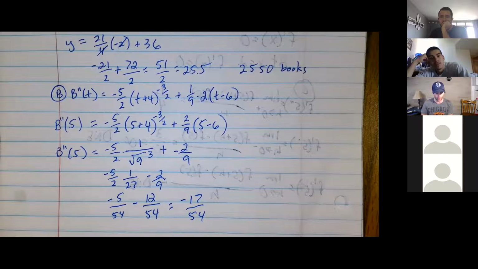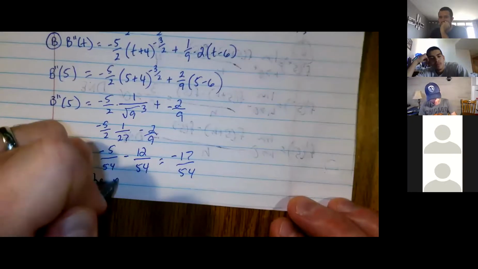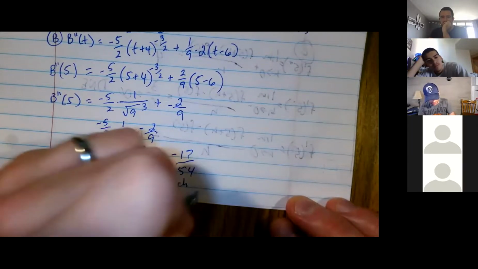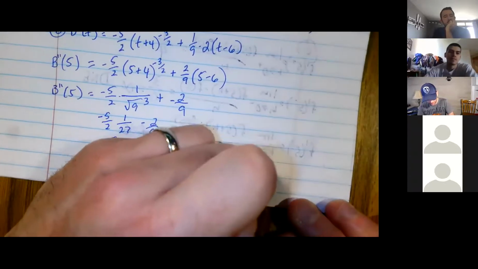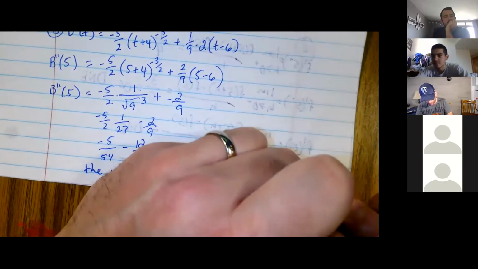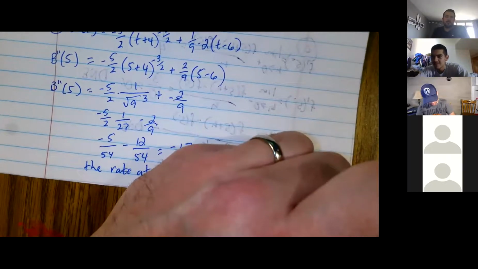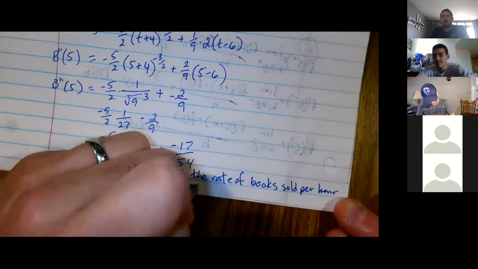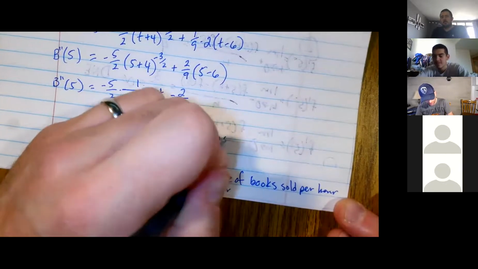In other words, this represents the rate at which the rate of books sold per hour changes per hour. And so the units here are books per hour squared.